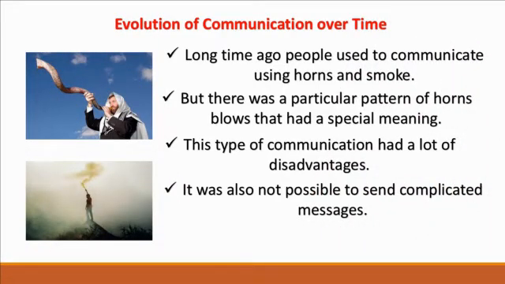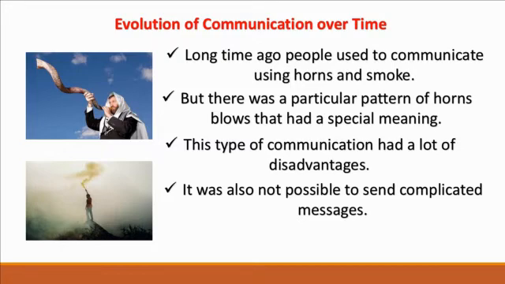We are now coming to see the evolution of communication over time. Evolution means changes. How were things a long time ago and how are they now? A long time ago, people used to communicate using horns and smoke. You can see the picture on the right-hand side.